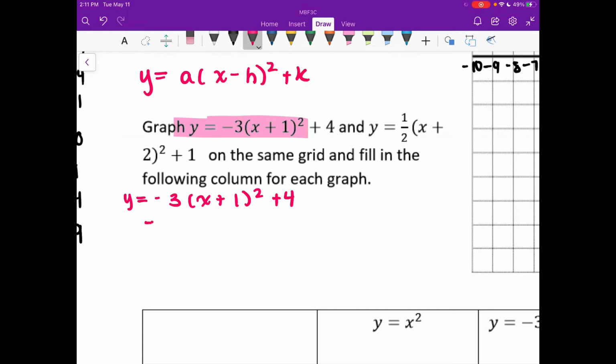Let's find out what our a value is. So I like to always go and write everything in so that I remember. So it's going to be -3 is my a value. My h value is -1 because it's the opposite of this one in here. And then my k value is going to be +4. Okay?